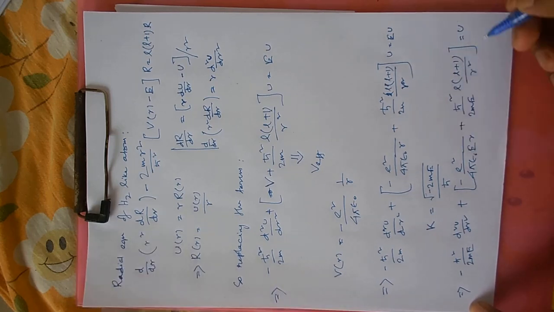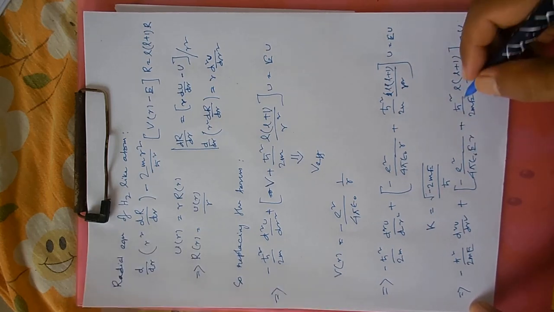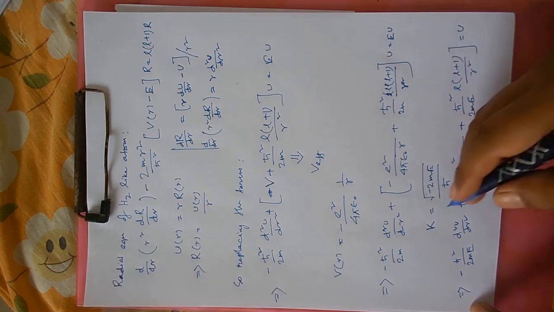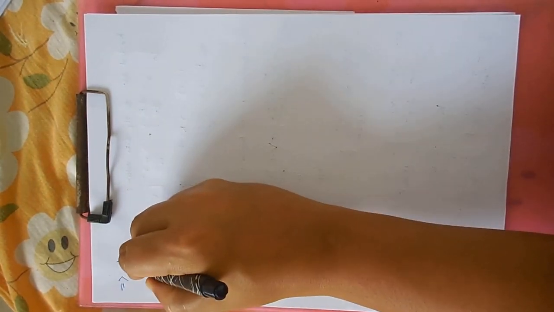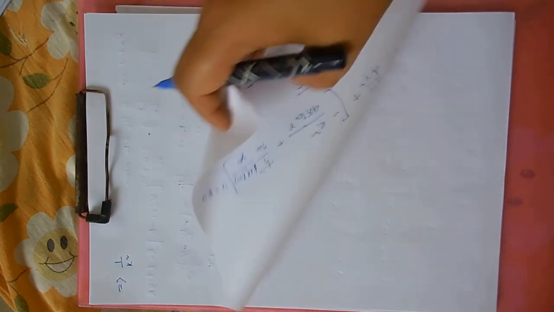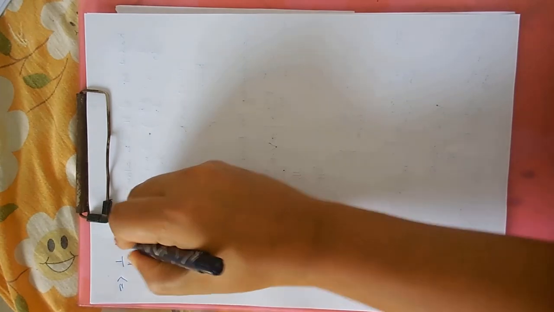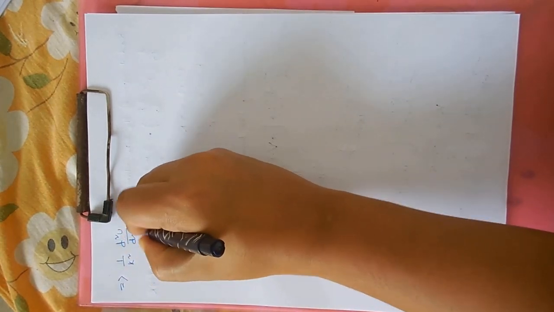Now you replace this 2mE by ħ² as k square. So you will get k square, and d²u/dr².